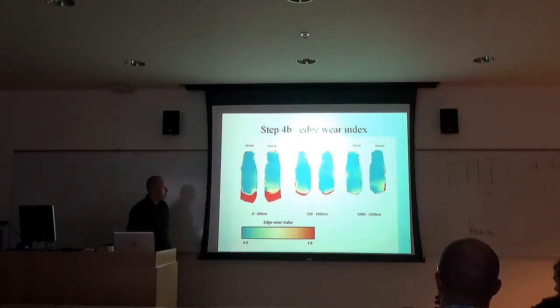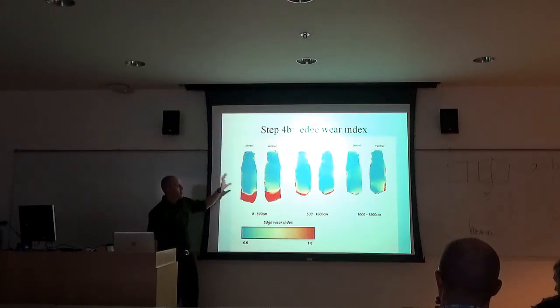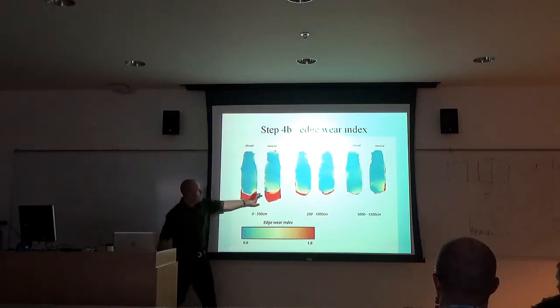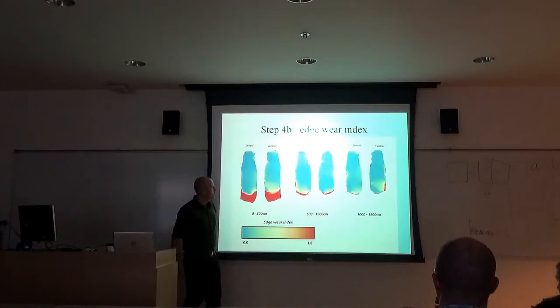So this is that edge wear index, the same tool measured at three stages of an experiment. And so you can see the first stage, it's getting worn out here, and that whole bottom end snaps off. It's basically, if you're a flint knapper, like making a burin. And so that whole base just blew off.